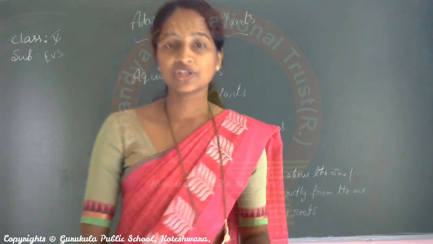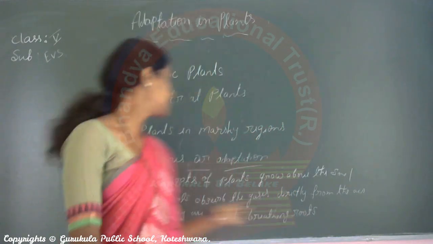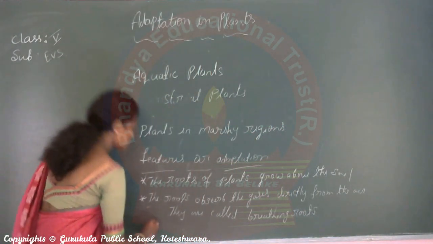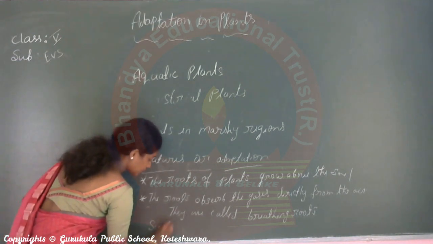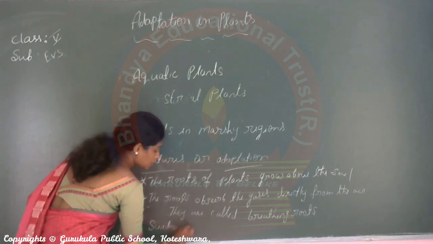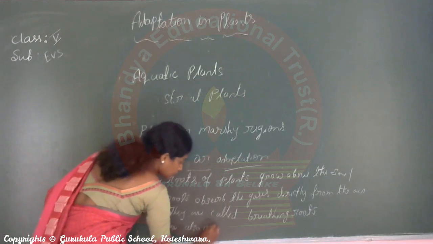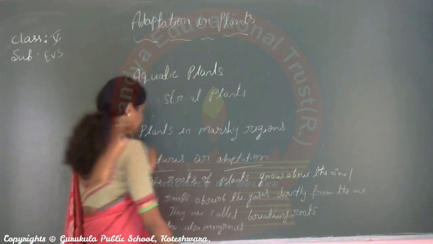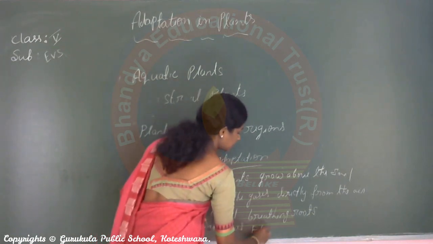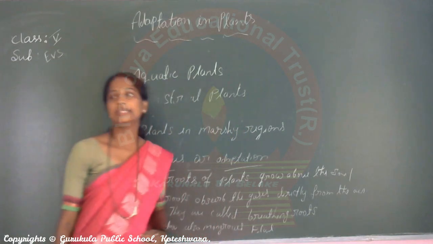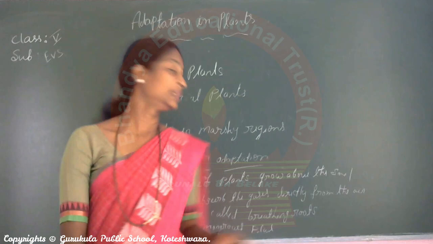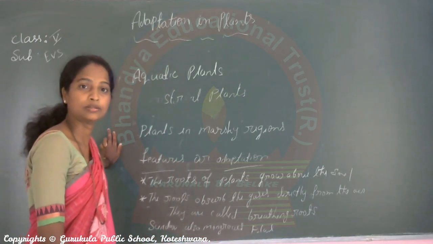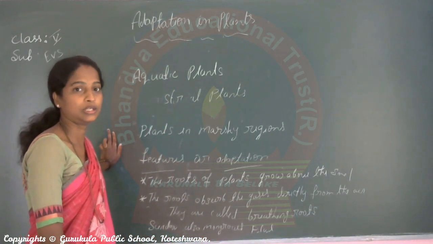Some plants such as Sundari, also called mangroves, grow in these areas, that means in marshy regions.